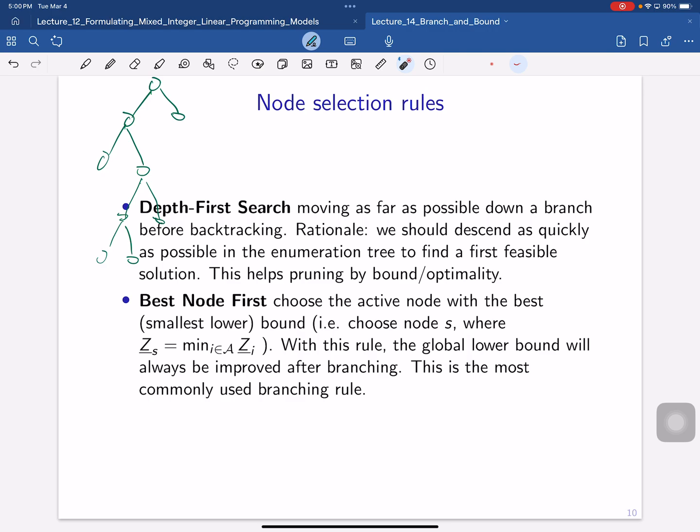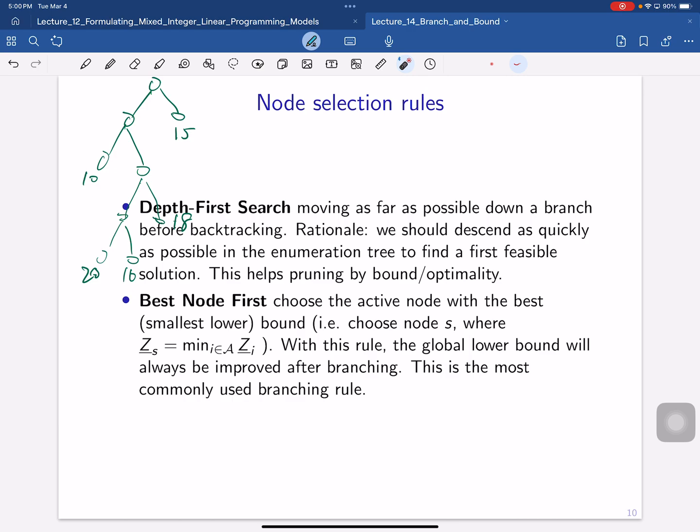Again, let's assume we have some active nodes here, which give you lower bounds of, let's say, 10, 15, 20, 16, and 18. If you have these active nodes, the global lower bound is this node here that gives the lower bound of 10.